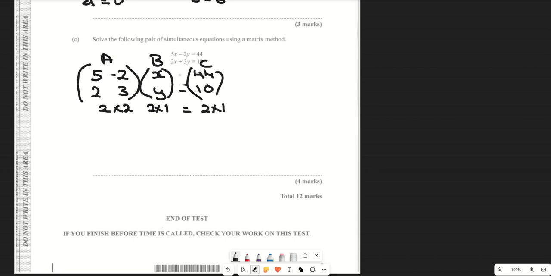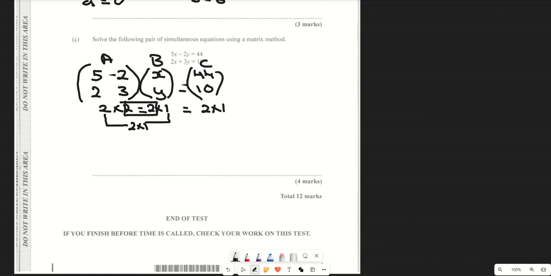We see that the number of columns in our first matrix is equal to the number of rows in our second matrix, so therefore they can multiply. And when you multiply, the number of rows in your first by the number of columns in your second is the order of the answer, which is 2 by 1. We see that these are the same, so yes, they are.